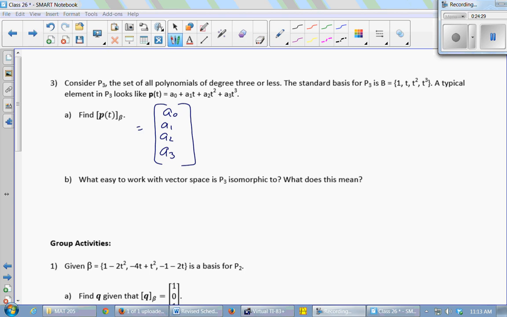So anytime you're asked a question about P3, you can translate it into a question about R4, which is easy to answer based on all that we've done in studying matrices and vector spaces. Then answer the question in R4, and that same answer should apply in P3. So that's what I'm going to have you do, starting with this group activity.